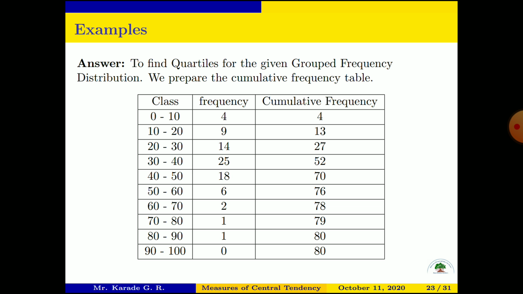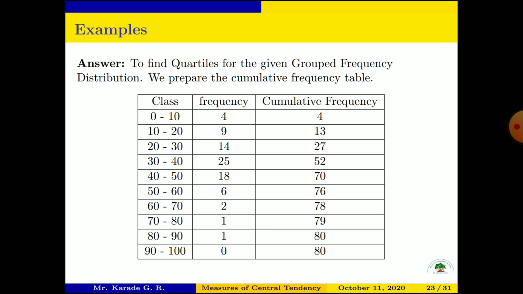Okay, so 52, what does that number represent? That is very important. The number 52 represents that there are 52 students having marks less than 40. Okay, that is the meaning of this cumulative frequency 52.